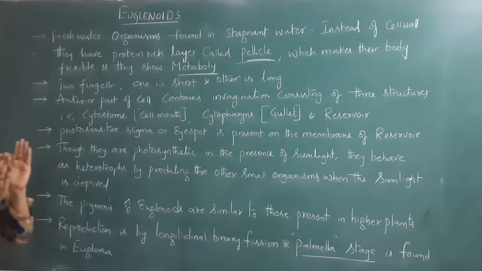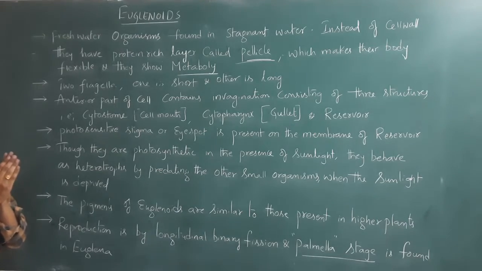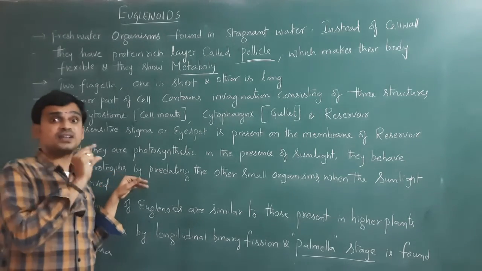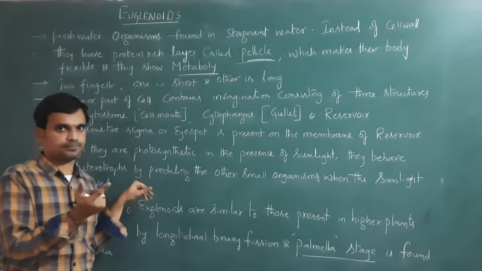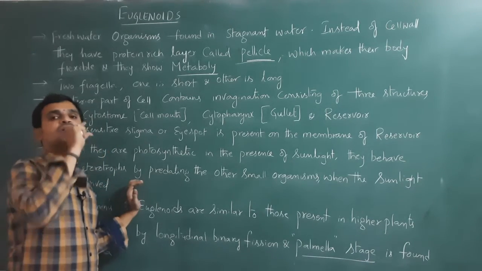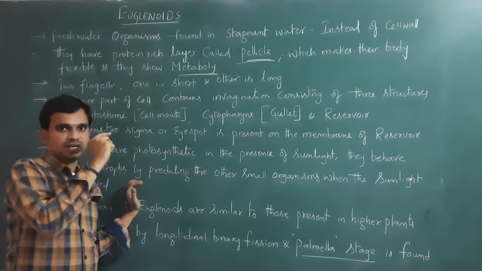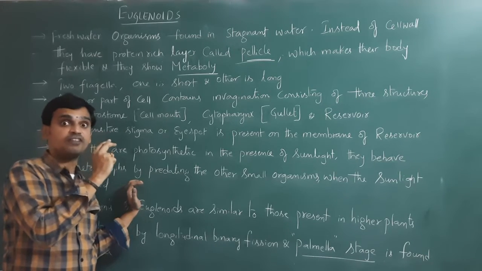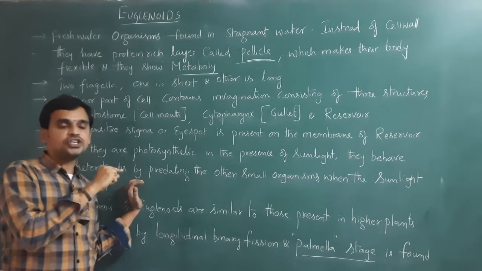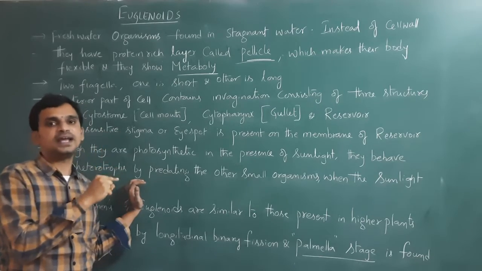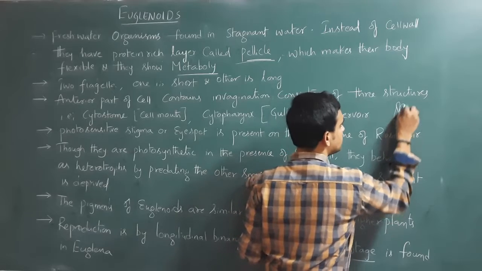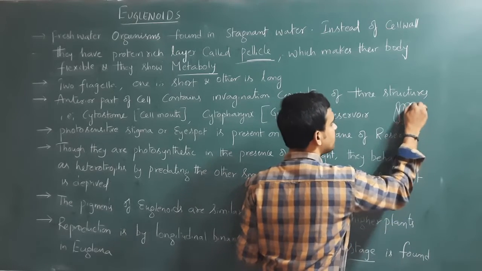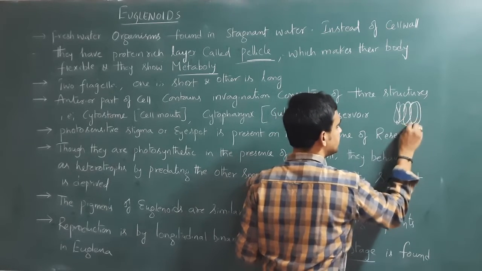Once all the euglenoids join together to form the gelatinous mass, this mass consists of a number of euglenoids without flagella. Now each euglenoid can form a double layer cyst.